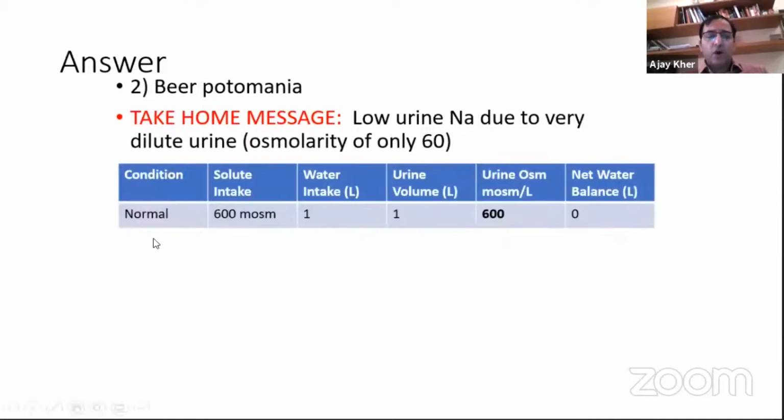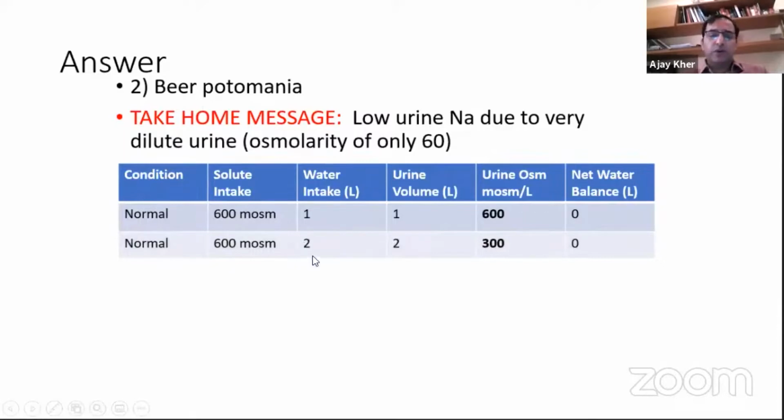So let's take a normal person who has a normal 600 milliosm intake and 1 liter water intake. The kidney and the brain will adapt the ADH level, and the kidney will excrete 600 milliosm per liter with 1 liter urine, and the body will be in balance. Next, let's say the same person next day drinks 2 liters of water. So now he has 2 liter water intake.